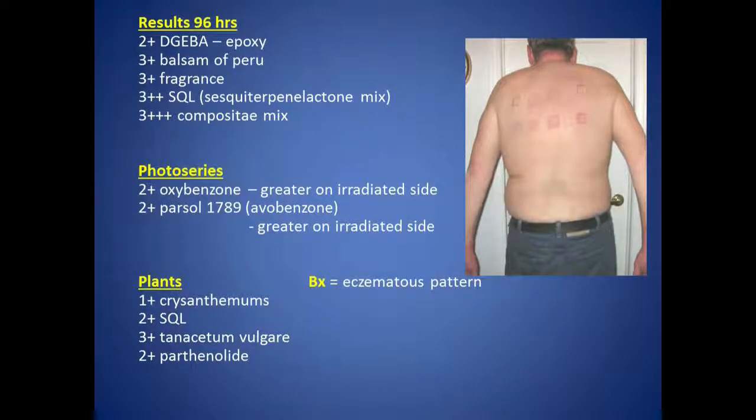So this gentleman was very similar to Yuka's case. He was photo patch tested, and he was allergic on the regular series without light to fragrance and actually to Compositae plants, which are linked to this disorder. But he had a photo contact allergy to his actual sunscreen agents. So the things that are being used to treat him were actually making him worse.